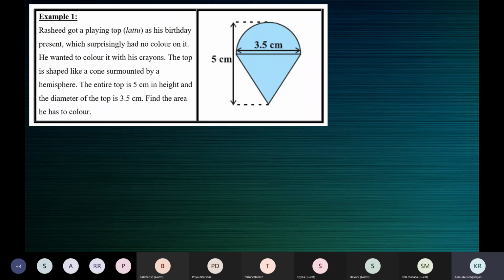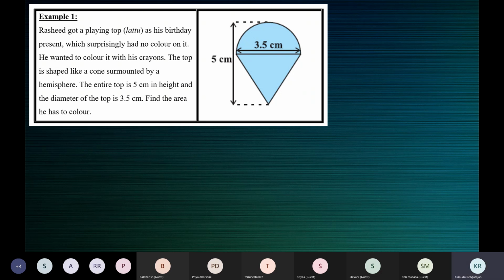So it's about area here. It's not volume, it's about area. If you have to find the volume of this solid, it will be the volume of the cone plus the volume of the hemisphere.